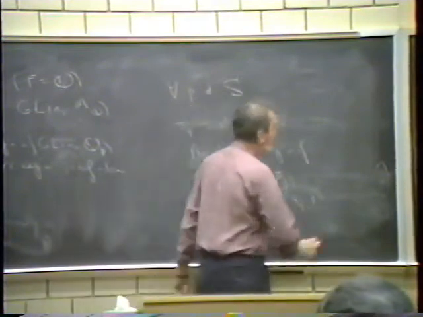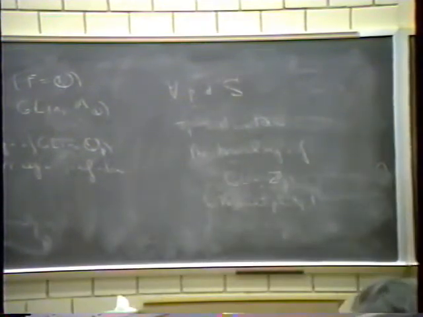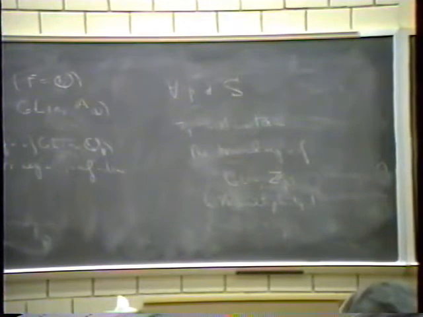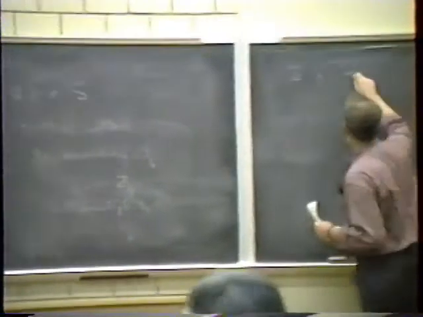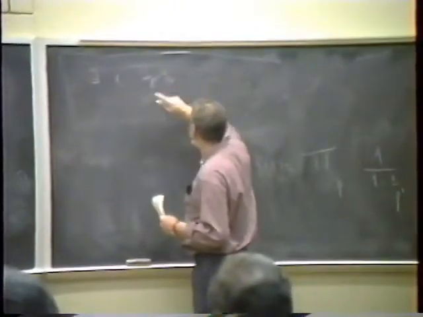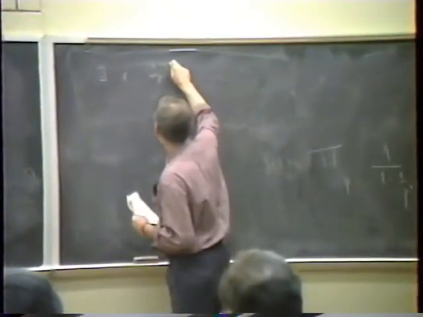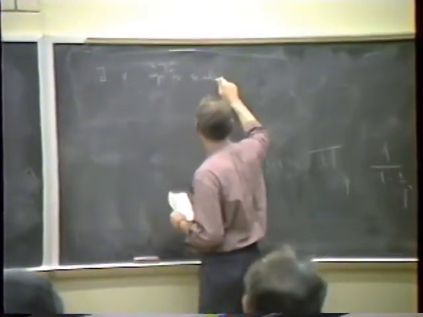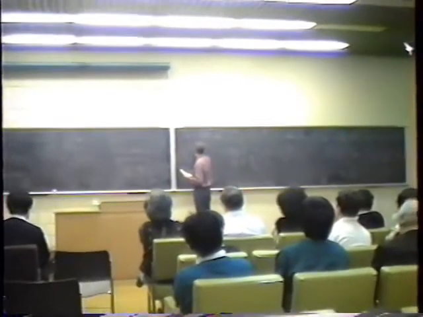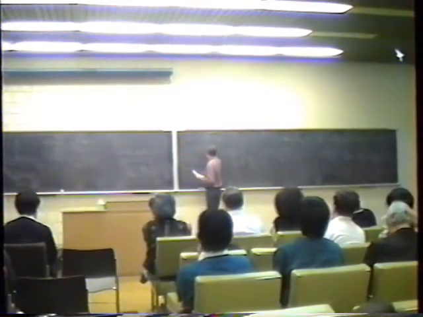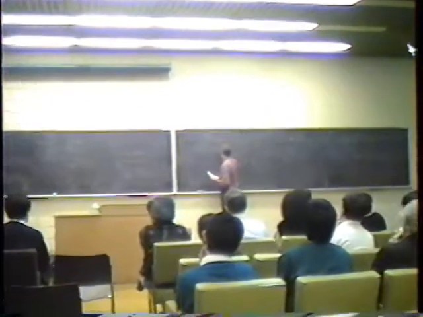That means that there's a basically unique V, unique up to scalars, such that pi p of k applied to v is equal to v for all k in this group.